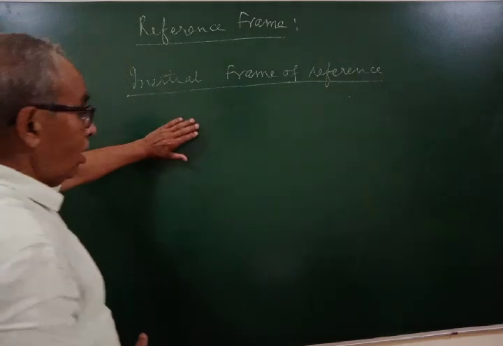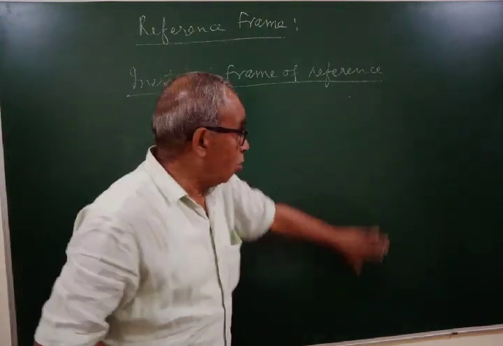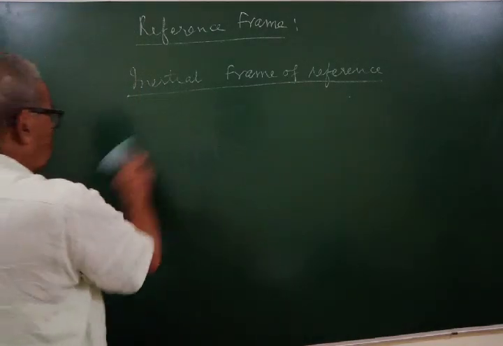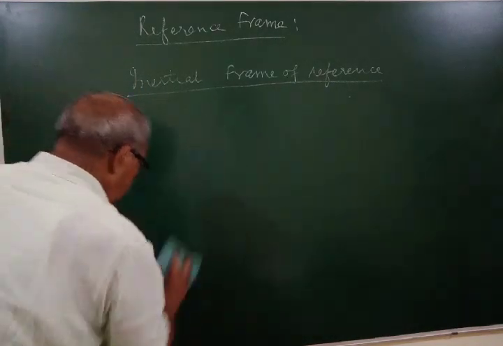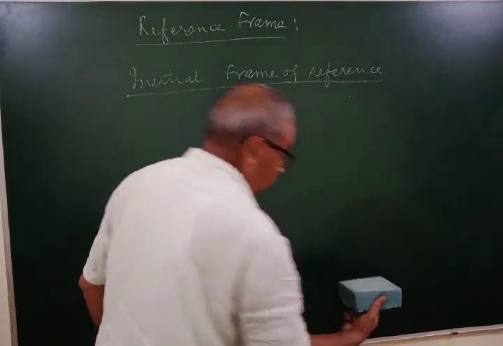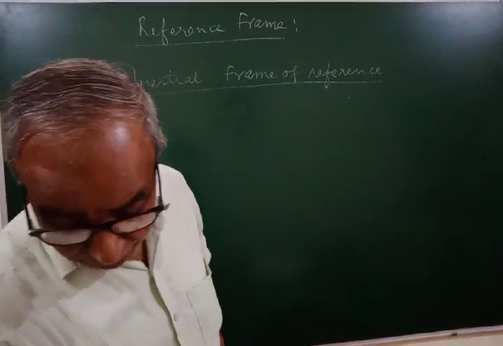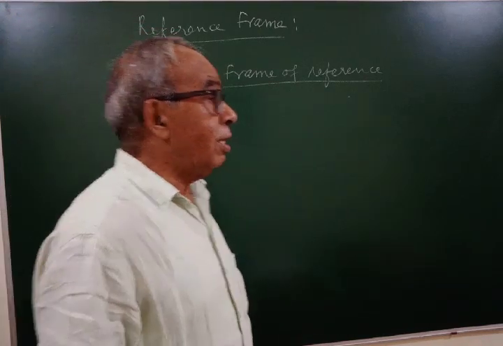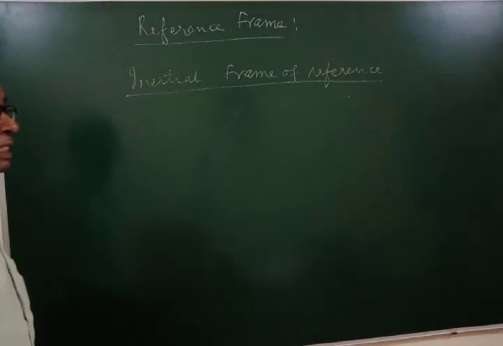A reference frame in which a body at rest remains at rest or body in motion remains in motion with constant velocity if no unbalanced external force is applied on it, then that frame of reference is called inertial.